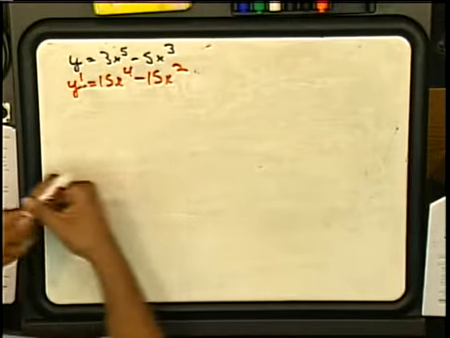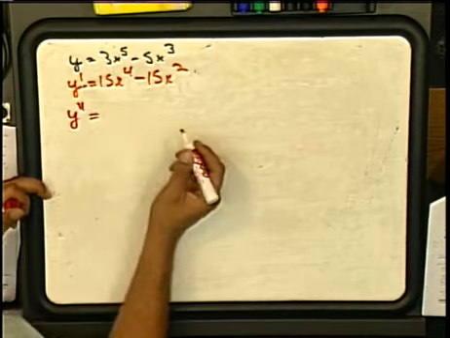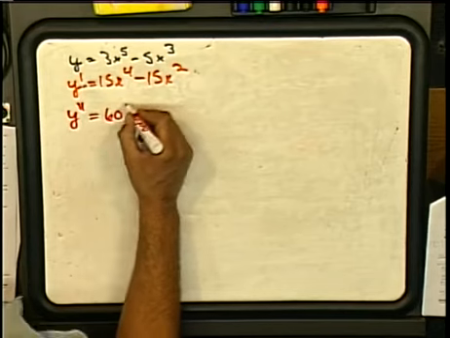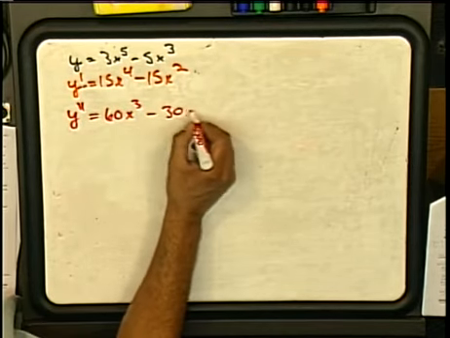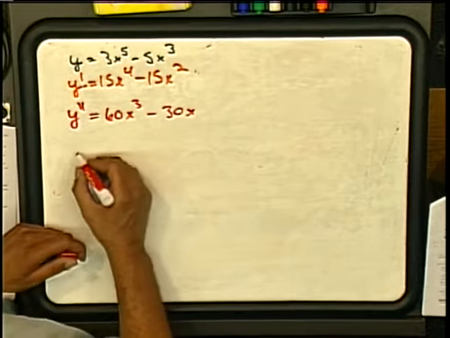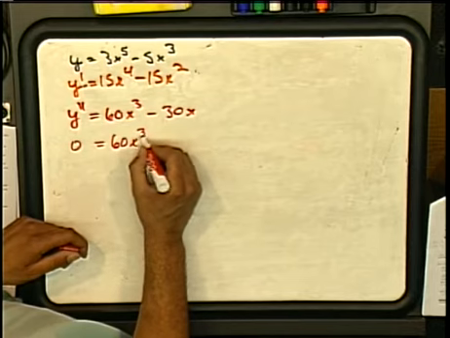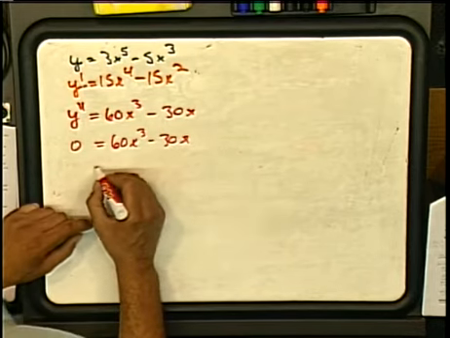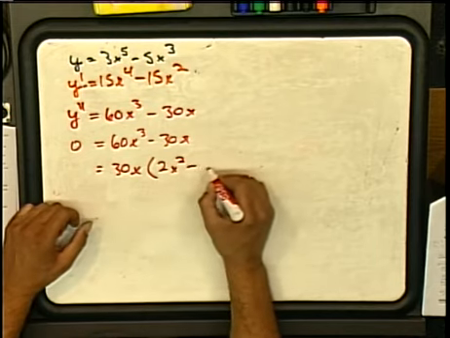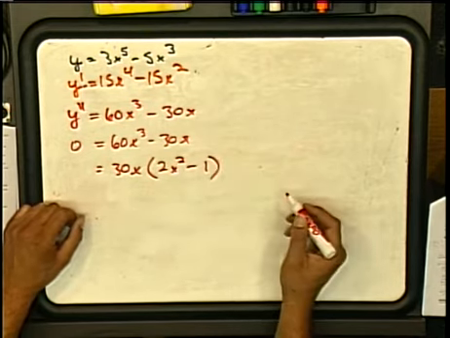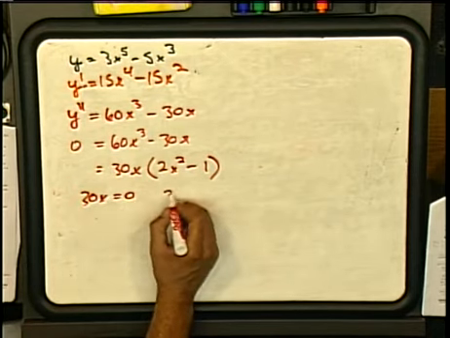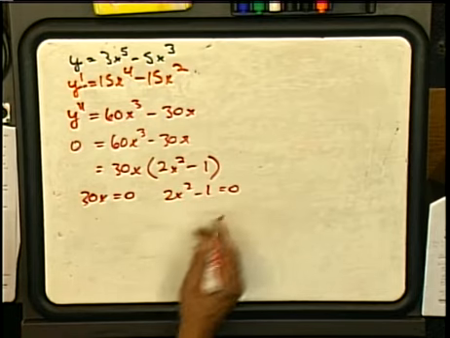This will be y double prime equals 15 times 4, 60x cubed minus 30x. Set it equal to 0. I'm going to take 30x out, and I'm left with 2x squared minus 1. 30x equals 0, 2x squared minus 1 equals 0.